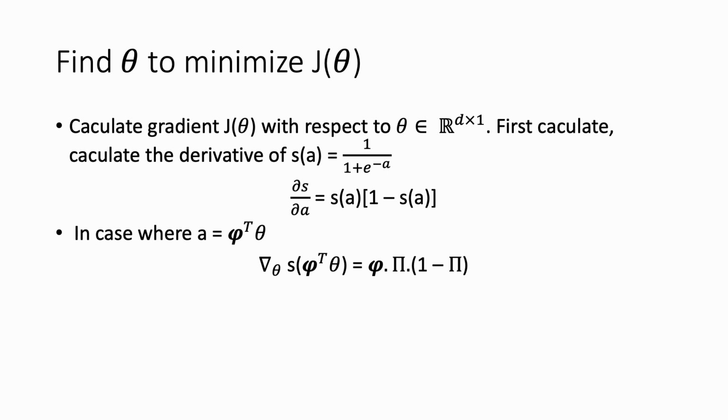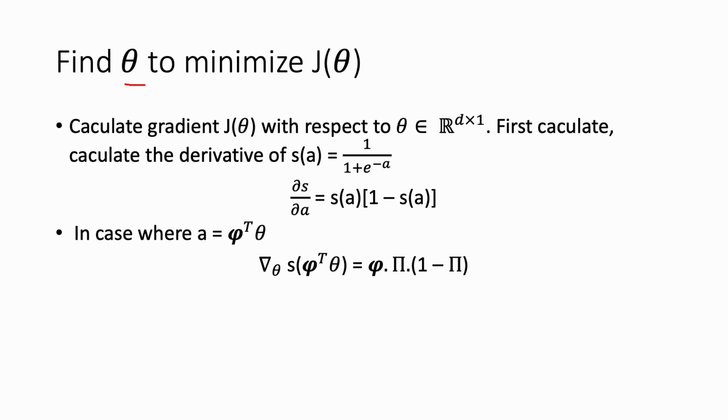To find the theta that minimizes C of theta, we need to calculate the gradient of C of theta with respect to theta. The gradient is given by this equation.